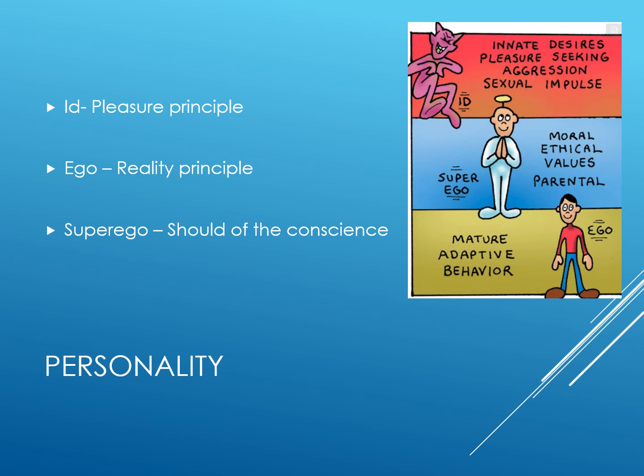Therefore, it is in direct opposition to the id. The third component is the ego. The ego balances or is a mediating force between the id and the superego. The ego represents mature and adaptive behavior that allows a person to function successfully in the world. Freud believes that anxiety results from the ego's attempts to balance the impulse instincts of the id with the stringent rules of the superego.